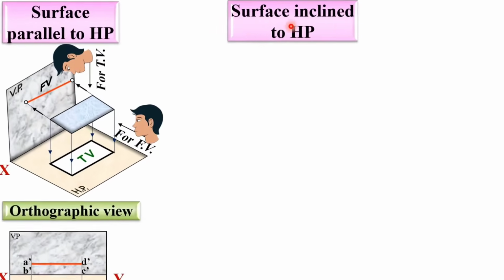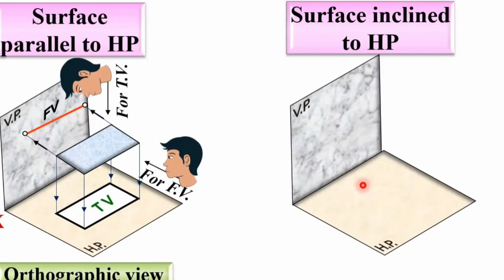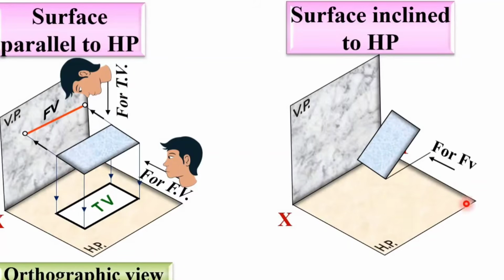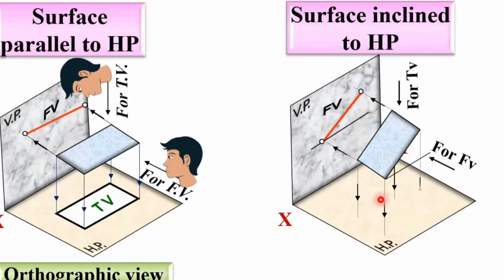Now see the second case, if the surface is inclined to HP. In this case the surface is like this, inclined to HP at a certain angle. Now see the front view. It will be a line which is inclined at a certain angle to this XY, or you can say to the horizontal line. Now for the top view, you can see the rectangle, but this rectangle is a little bit shorter than the actual length of the rectangle.